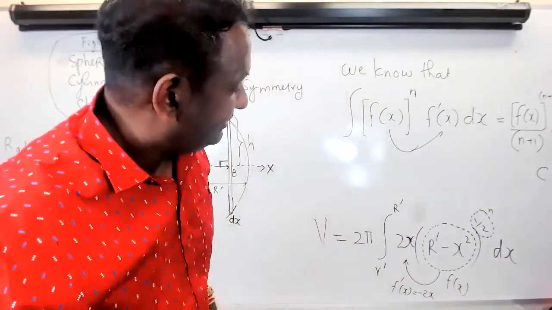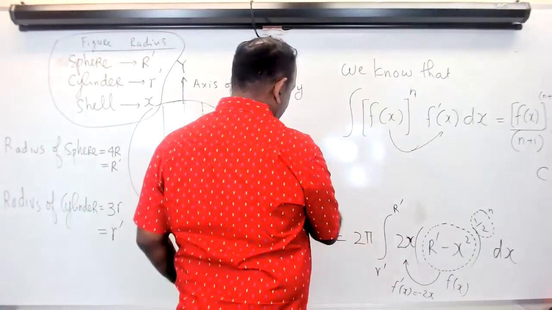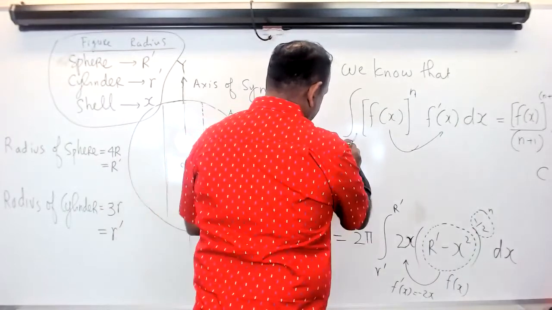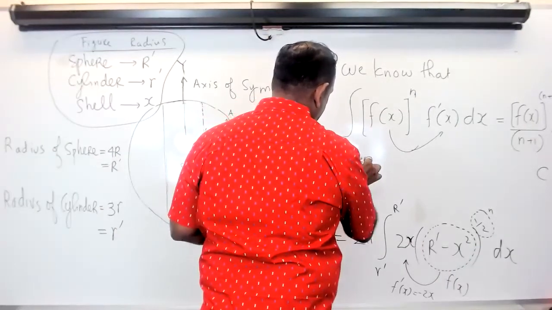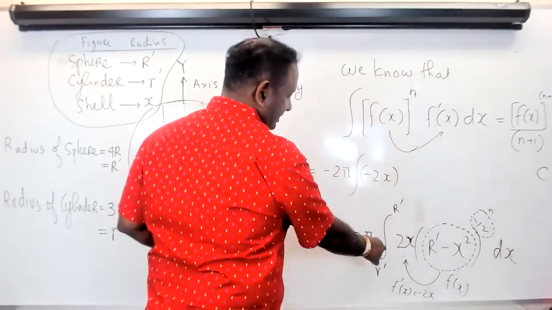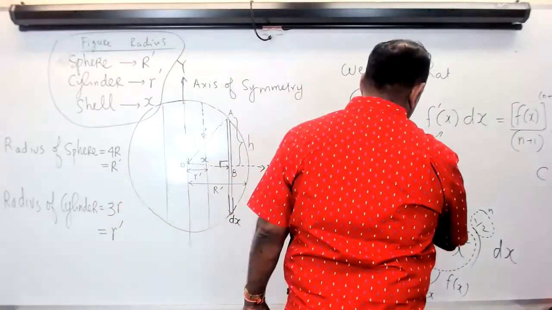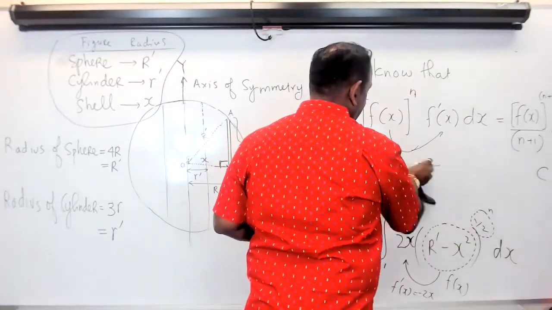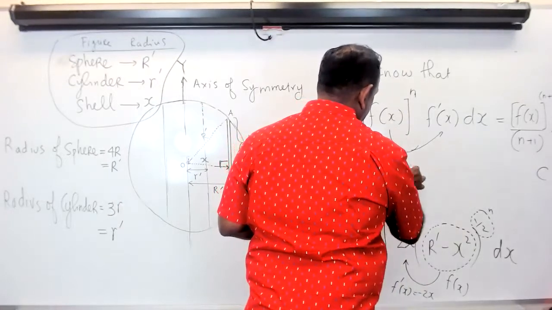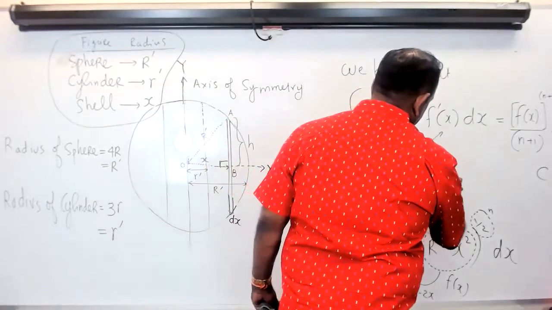You can rearrange it so you don't have to worry about the sign. I'm going to put a negative and 2 pi, and write negative 2x here. Negative, negative get cancelled and it's positive. I just created that one. I can write this way for you to see clearly: R squared minus x squared, to the half, and negative 2x.